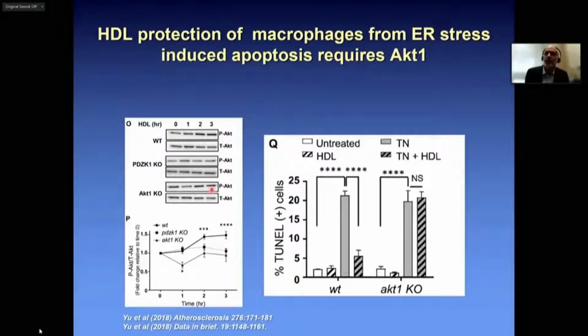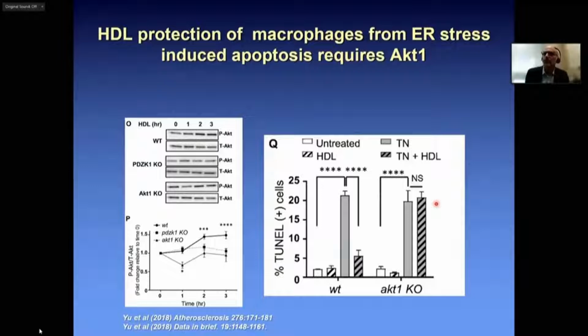So this suggested that this increased AKT phosphorylation represented AKT1. And when she looked at AKT1 knockout macrophages, she found that HDL was unable to protect them against tunicamycin-induced cell death, suggesting that this process involved signaling via AKT1.